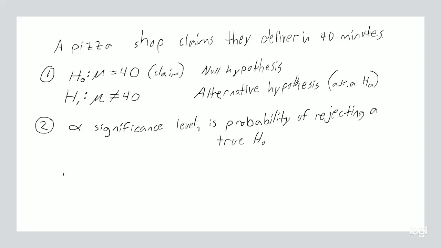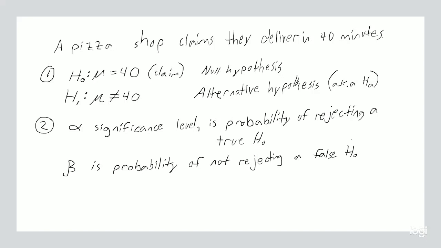Alternatively, beta is the probability of not rejecting a false H0.